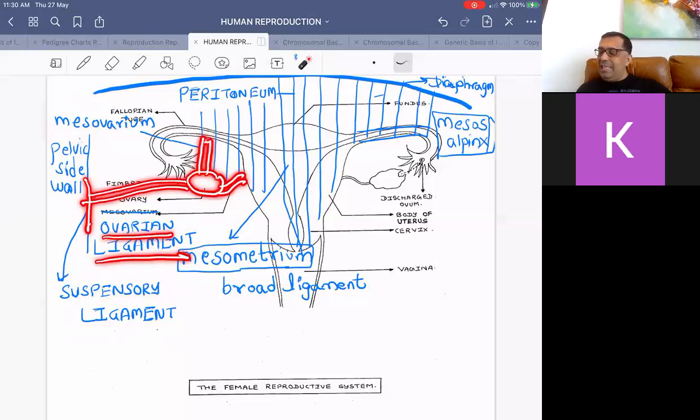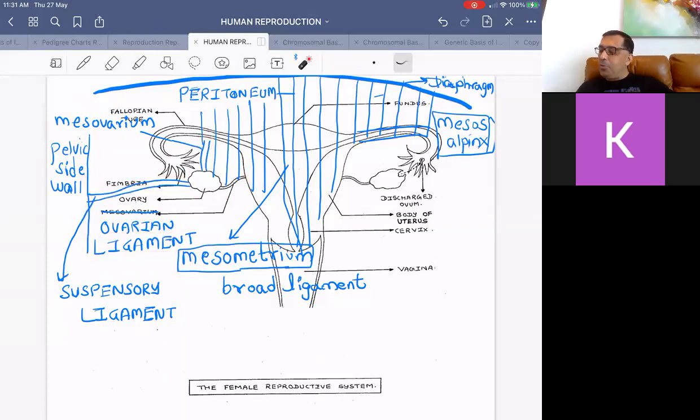It is through this mesovarium that the ovary gets blood vessels and nerves. So blood vessels and nourishment come to the ovary from the mesovarium.